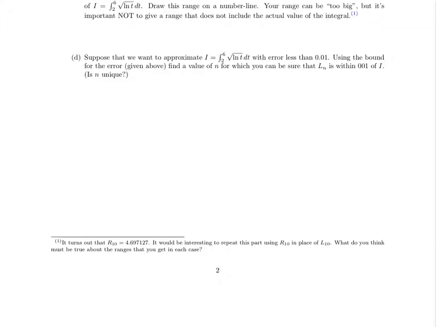Now we want to start off with the exact same error bound formula, but now what we're trying to do is find an n so that this error, which is definitely less than this, needs to also be less than 0.01. We'll use the same bound for the first derivative, the same bound for the interval 3 and 6, and then solve for n.